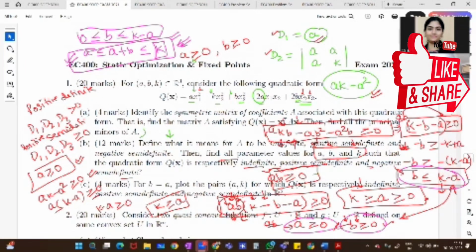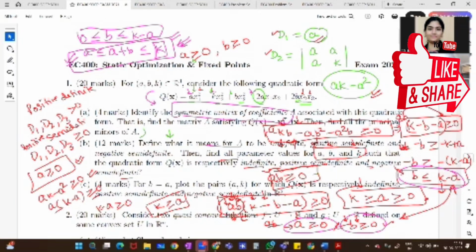Cool. So first up, in every question I have seen in all of your question papers, firstly they are asking to find the symmetric matrix. Then they are asking to define general, indefinite, positive semi-definite. And then they are asking specifically what the coefficient values are when it is positive, when it is negative. That's it. This is all about the question.